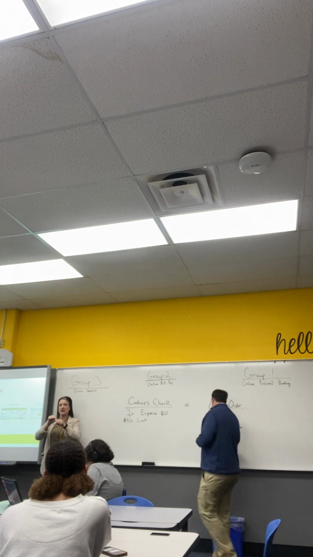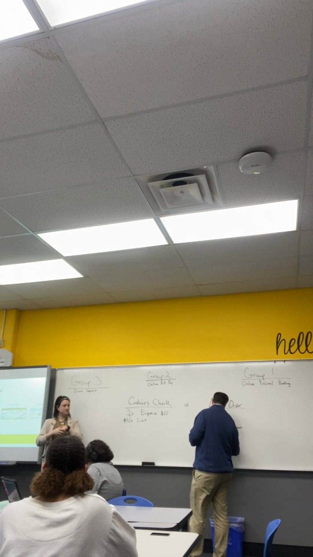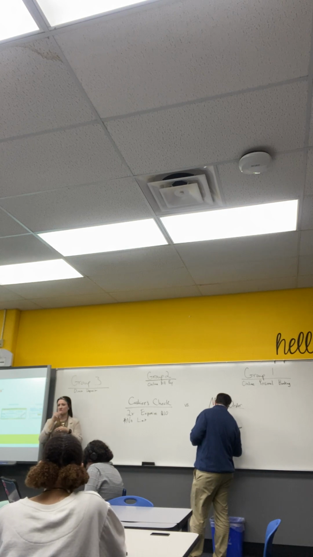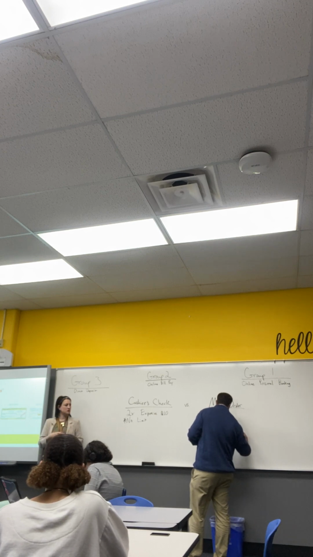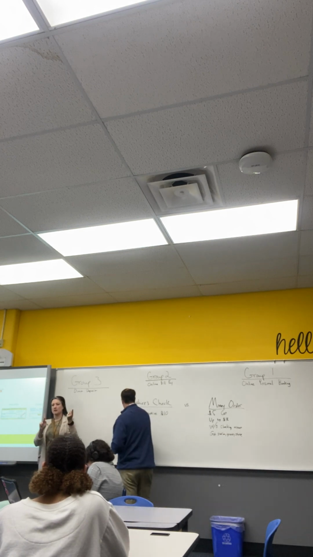Good. Where can you get a money order at? A gas station. Okay. Grocery store. Okay. A couple of different spots. Where could you get a cashier's check? The bank, right?